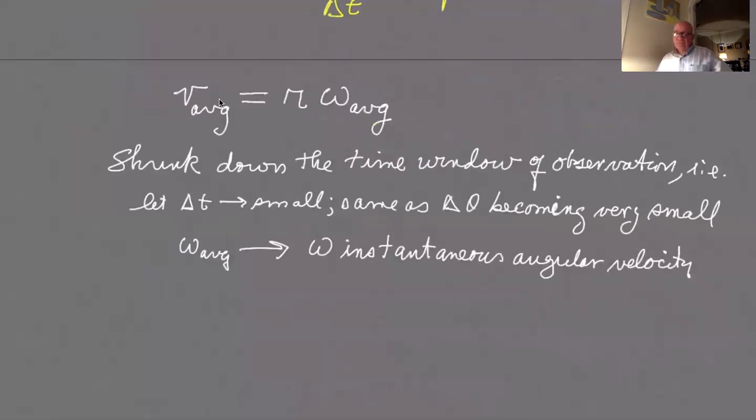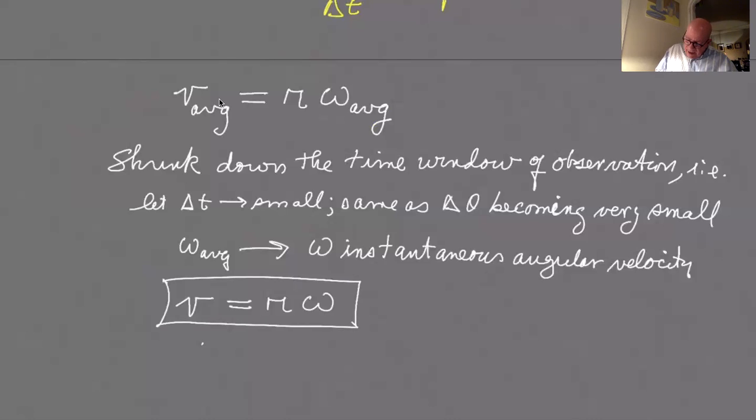Beautiful. We also get that, as we go to instantaneous parameters, V is equal to R omega. Okay? We already had that S is equal to R theta, that we described above.